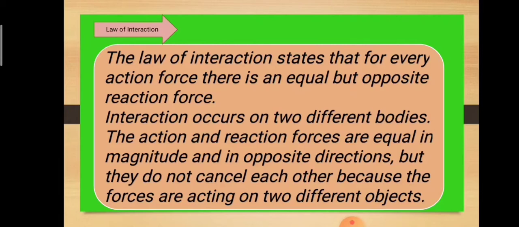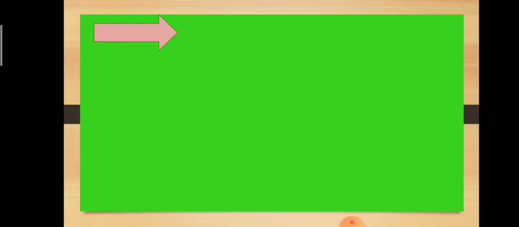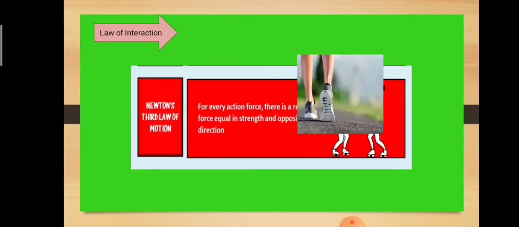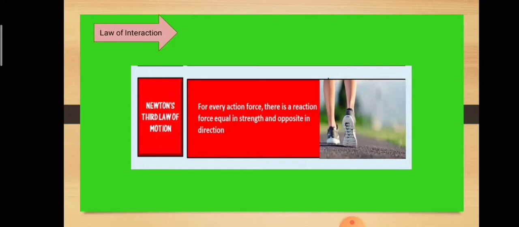So let's say, for example, the interaction of the feet and the ground. When the feet touch the ground, they exert a force on the ground because of the body's weight.